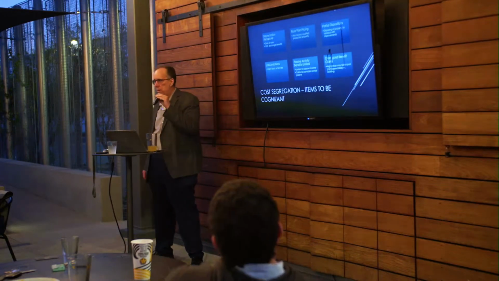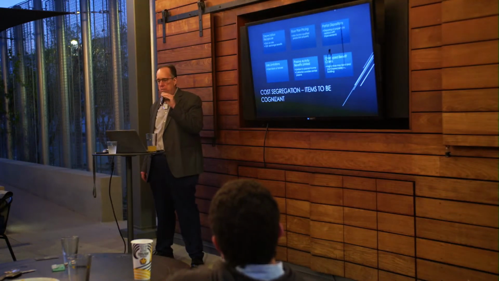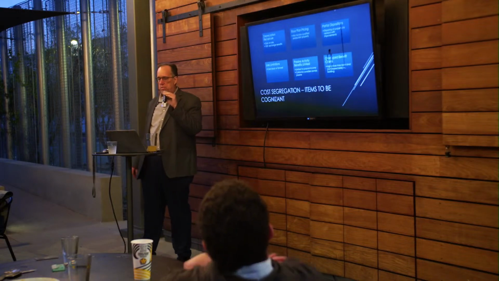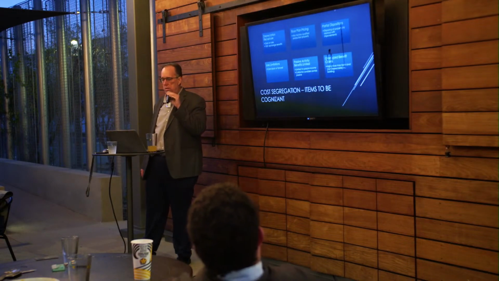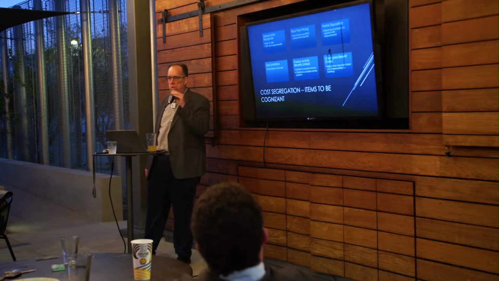We have a 1031 exchanger here, which is awesome. But here's the challenge. We've talked about this with Joe a time or two. We have to be aware of basis.